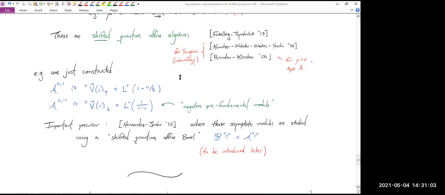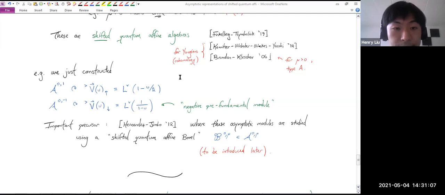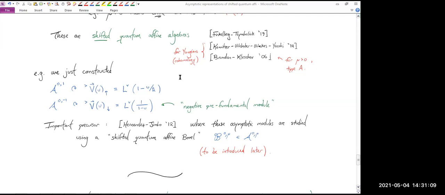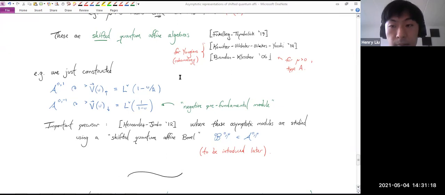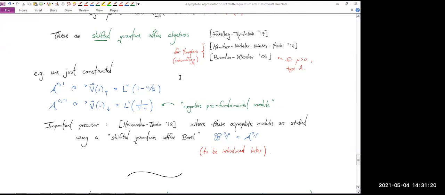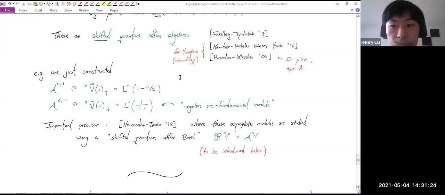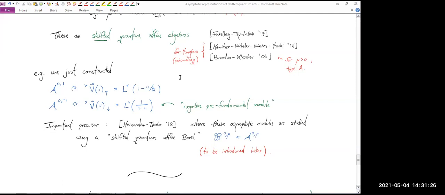I had two random questions. One is, for myself, I could never figure out what the shifted Yangian is until this sort of definition with the poles and the R matrices. But that's not the one the Brundan-Kleshchev use, right? Do they motivate the definition somehow, or is there some other way to think about it?